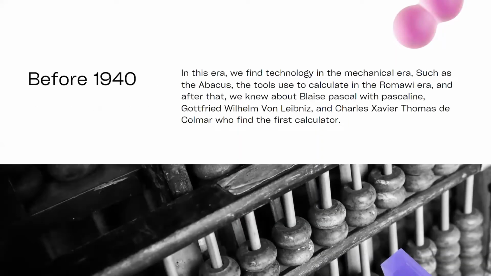Okay, before 1940, in this era we find technology in the mechanical era, such as the abacus, the tool used to calculate in the Roman era. And after that, we know about Blaise Pascal with the Pascaline. We know about Gottfried Wilhelm von Leibniz and Charles Xavier Thomas de Colmar, who made the first calculator.